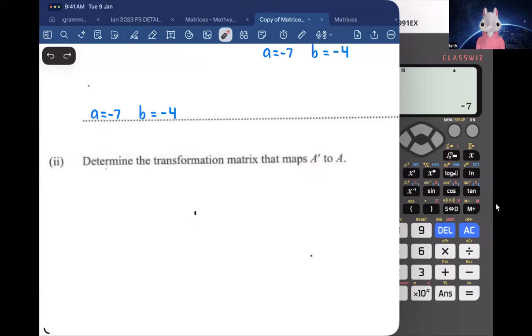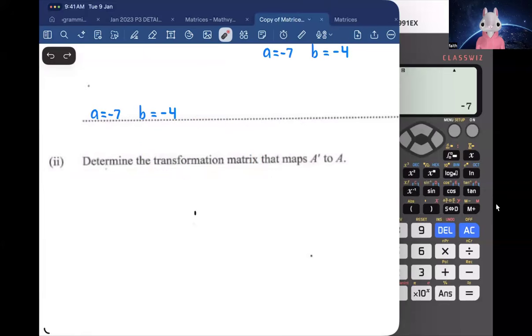Because they are telling us to determine the transformation matrix. The transformation matrix tells you how to go from what to what. It tells us how to go from the object to the image or the image to the object. So the transformation matrix is what does the transformation.